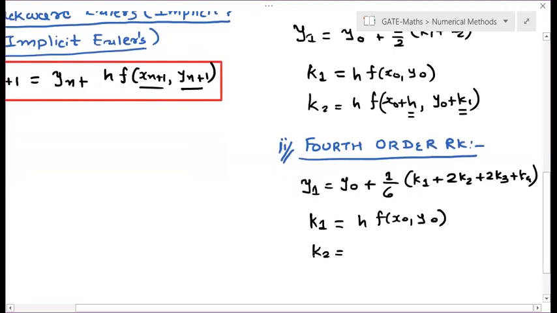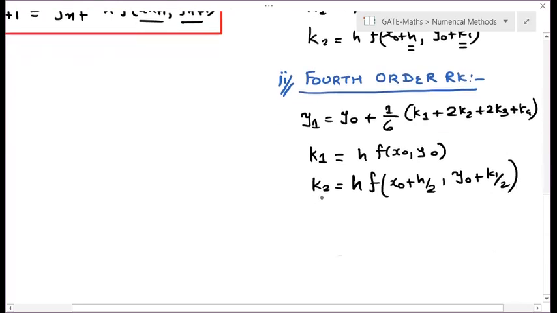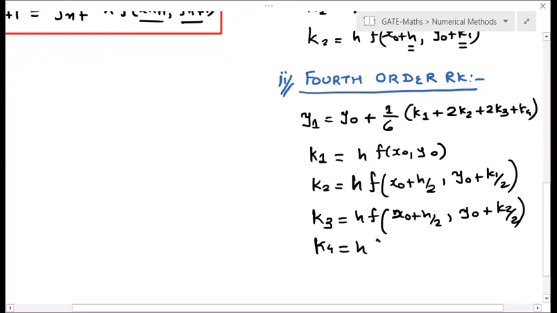For k2, you need to add h by 2 in x and k1 by 2 in y. For k3, the same: x naught plus h by 2, and in y you need to add k2 by 2. And finally, for k4 you need x naught plus h, comma, y naught plus k3.